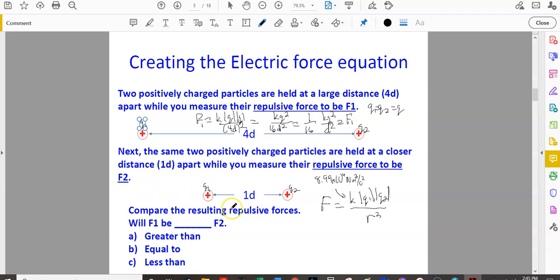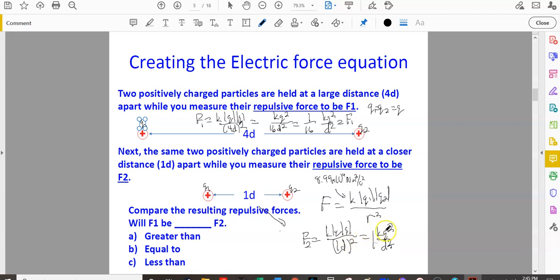Well, F2, I'm going to do that math down here. I don't like how squished this math looks. This F2 guy right here is also going to be K times Q all over 1D that you've squared, which is now just KQ squared over D squared.